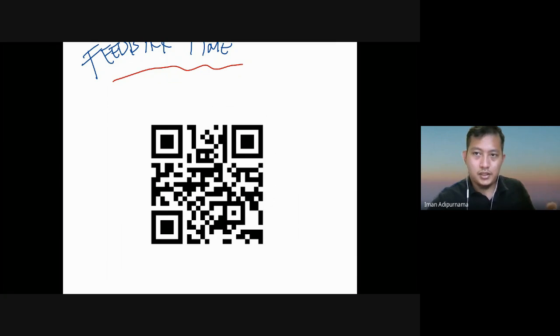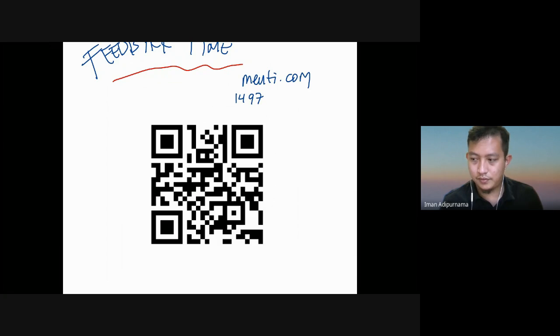Okay, so please scan the QR code and check in through the QR code. If you need to use the website directly, you can go to menti.com and enter this code.